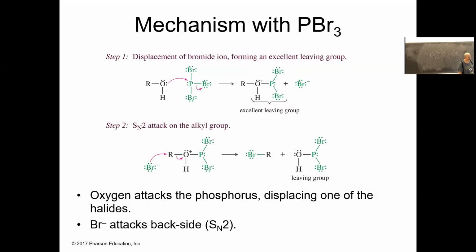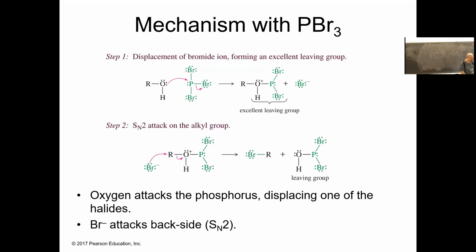And then this can happen 2 more times on the same phosphorus. It is an SN2, so we'll have inversion of configuration when this happens.